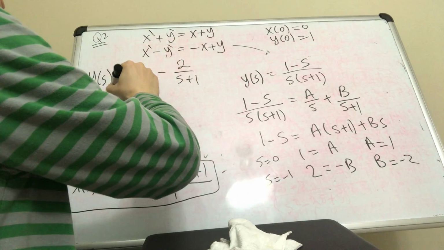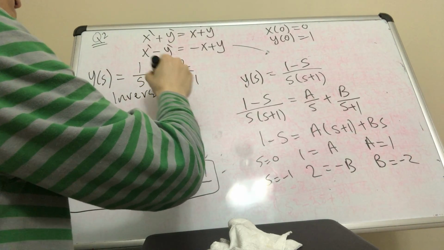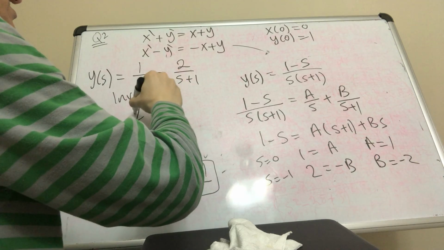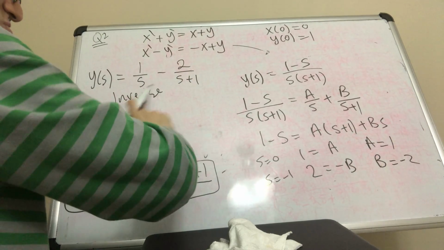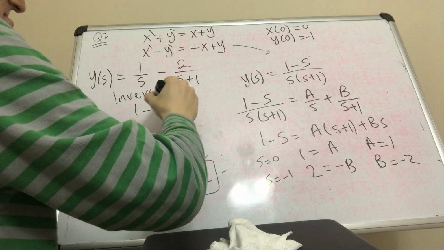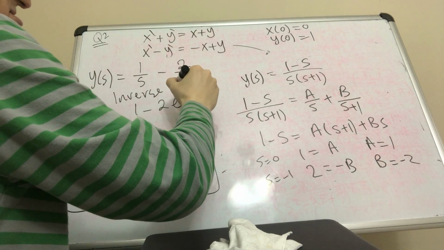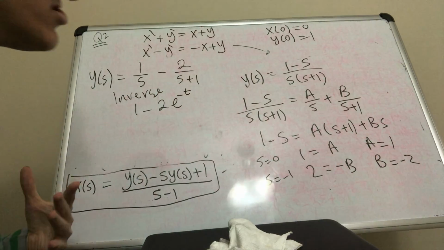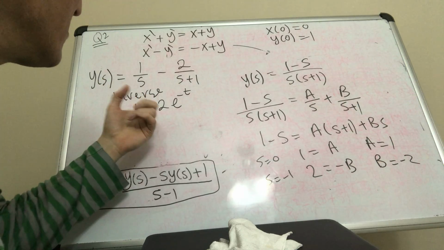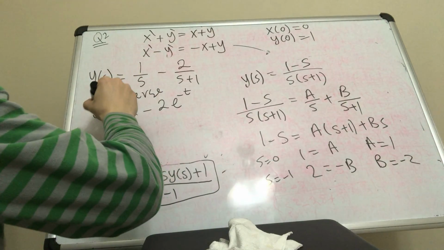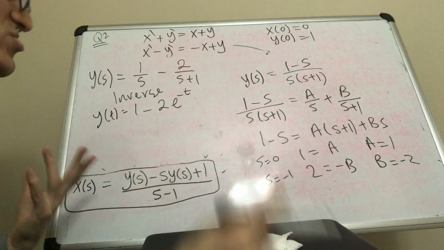Now, to do the inverse for this, 1 over s is 1, and this is e to the minus t. So all of this to be able to reach the solution for y.